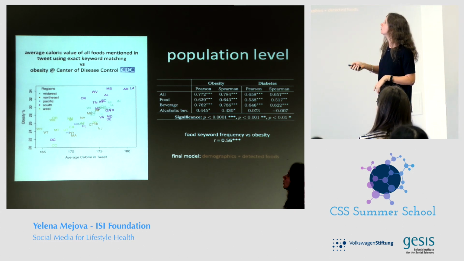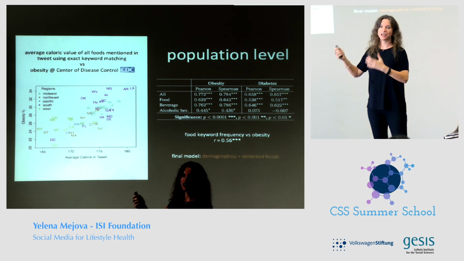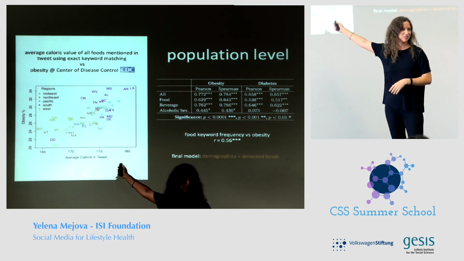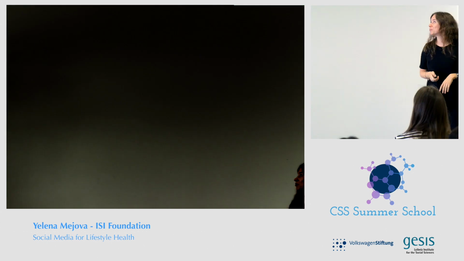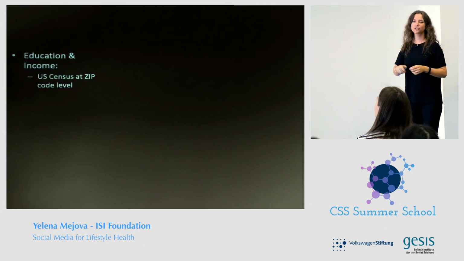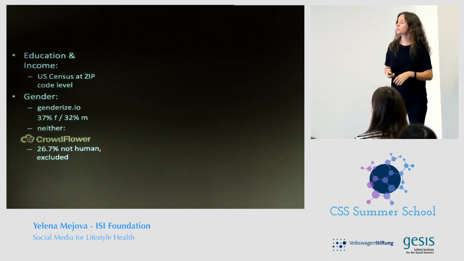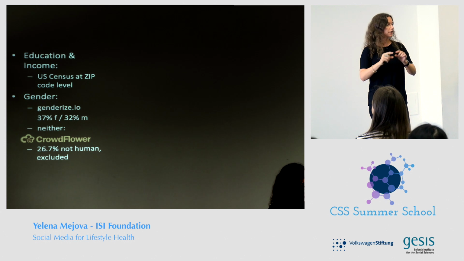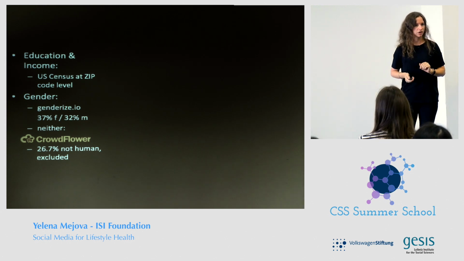Okay, so this was pretty cool, but really, we condensed thousands of people into these few spots, right? We can do more than this. So we can come back to the census and say, well, what is your education and income? We can look at people's usernames and say, what gender are they?